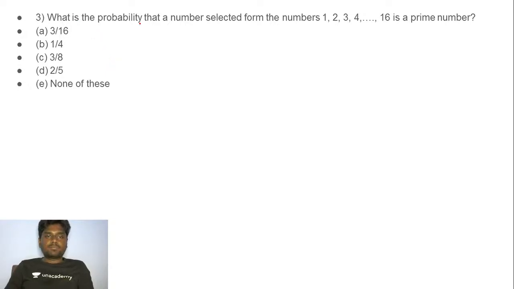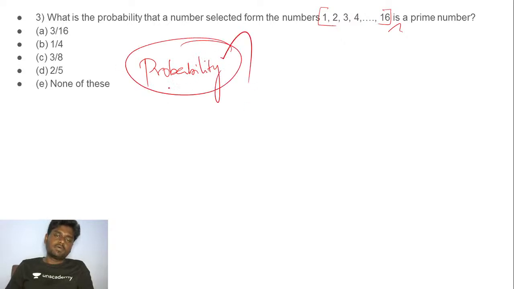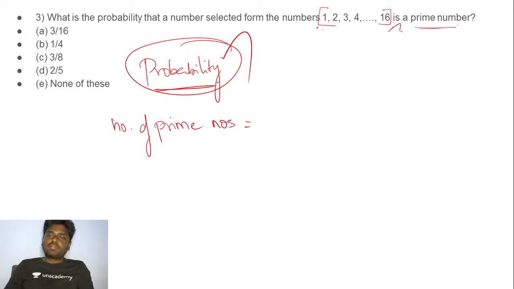What is the probability that a number selected from 1 to 16 is a prime number? So this happens to be a probability question. Let's try to do this. Listen carefully. First of all, I just want to see the number of prime numbers from 1 to 16.